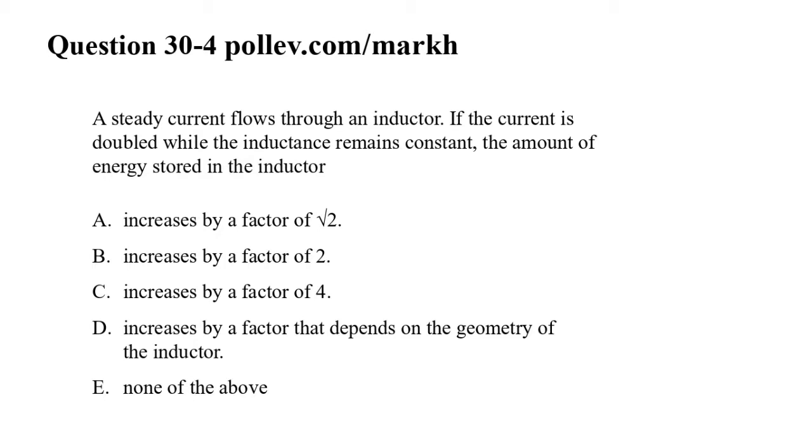If the current is doubled while the inductance remains constant, the amount of energy stored in the inductor: A, increases by a factor of √2; B, increases by a factor of 2; C, increases by a factor of 4; D, increases by a factor that depends on the geometry of the inductor; or E, none of the above. So have a go at that. I've just activated the poll everywhere site.